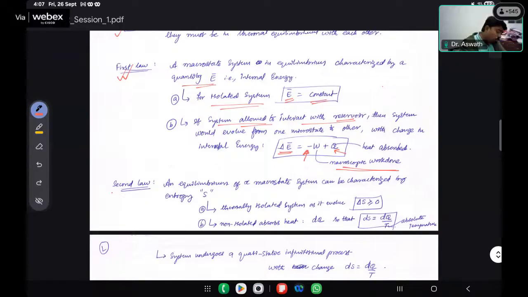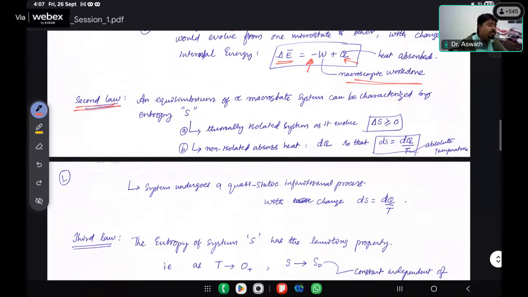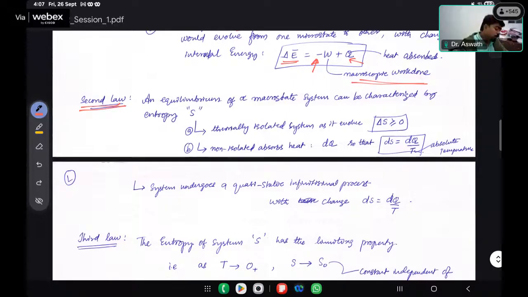Now, there is one more law also. We just try to revise or recollect that. What is that law? If a system is in equilibrium, a macroscopic system in equilibrium which is perfectly isolated, in that case its entropy is not going to decrease.